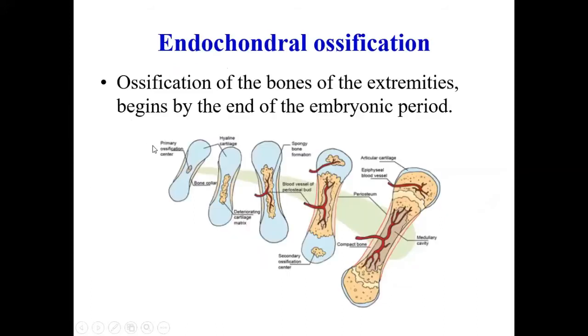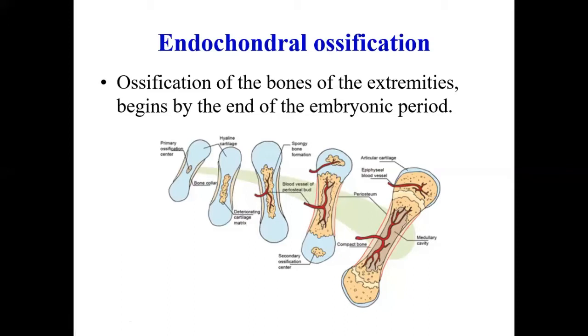Endochondral ossification of the bones begins in the embryonic period. We know that there are 2 ossification centers, one primary and one secondary. The primary ossification center appears before birth, usually from the 8th week of intrauterine life to the 12th week.